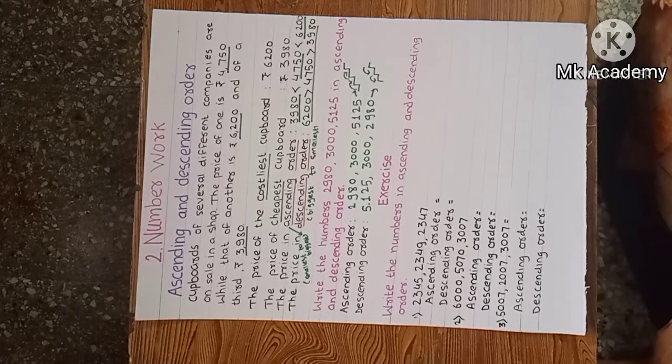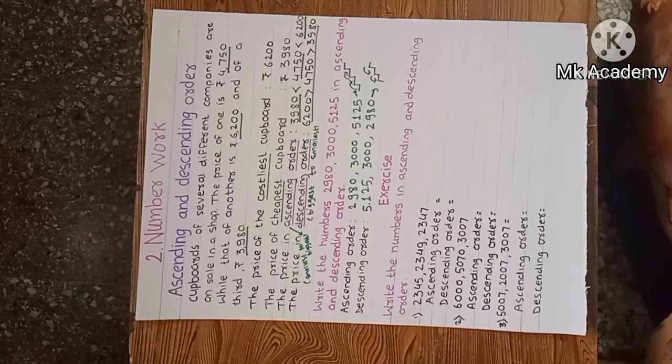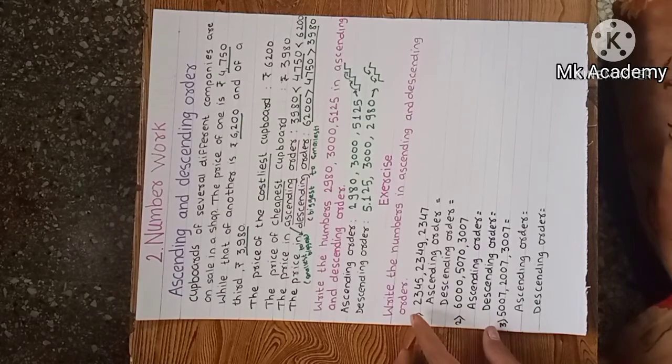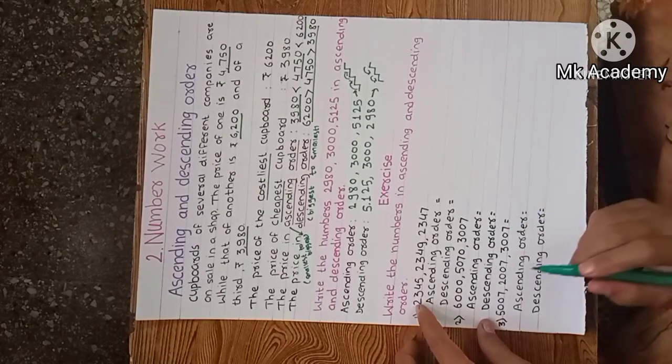First example, 2345, 2349, 2347. Ascending order, we have to write down the smallest number first. Which is the smallest number in these three numbers?